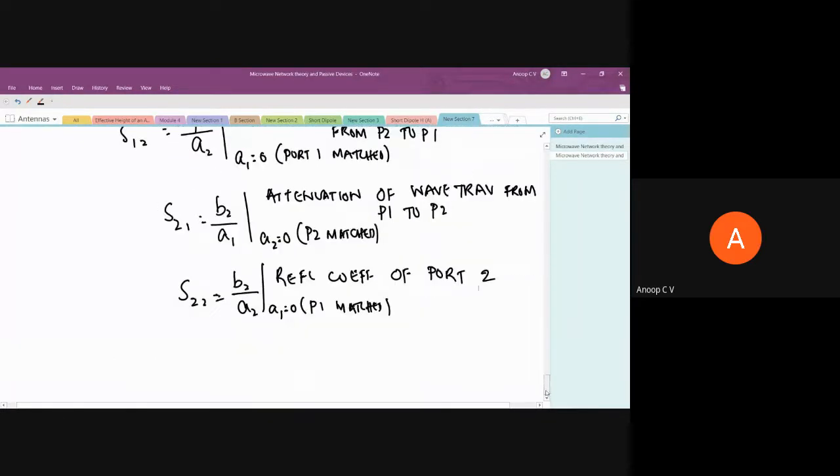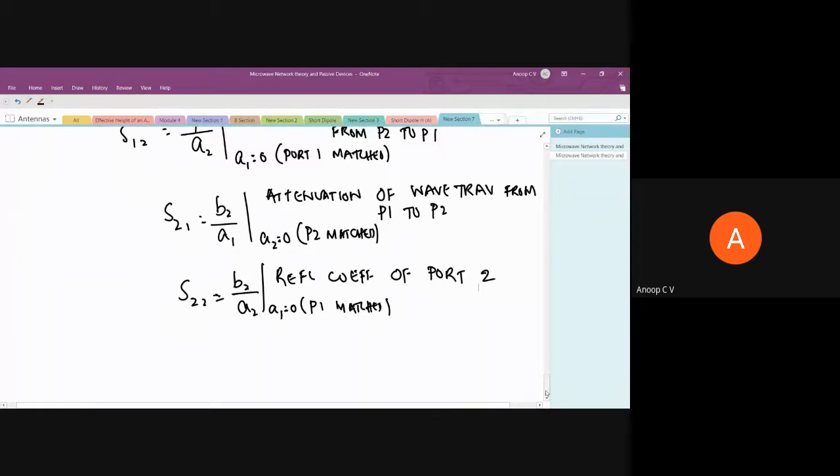When I say normalized, you are normalizing the incident voltage with root of Z0 and the reflected voltage with root of Z0. For convenience, in your textbook they have assumed, without loss of generality, root of Z0 to be equal to 1, or else it is per unit, that is, normalized by the characteristic impedance.